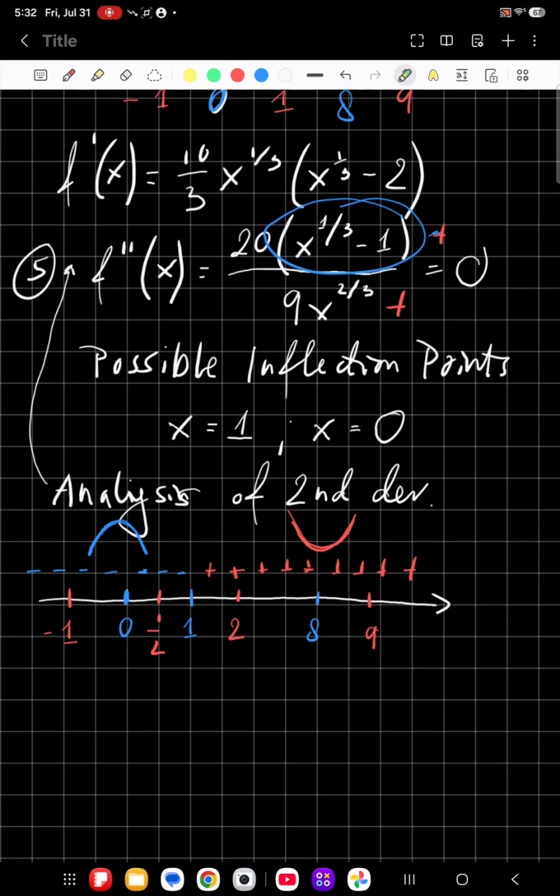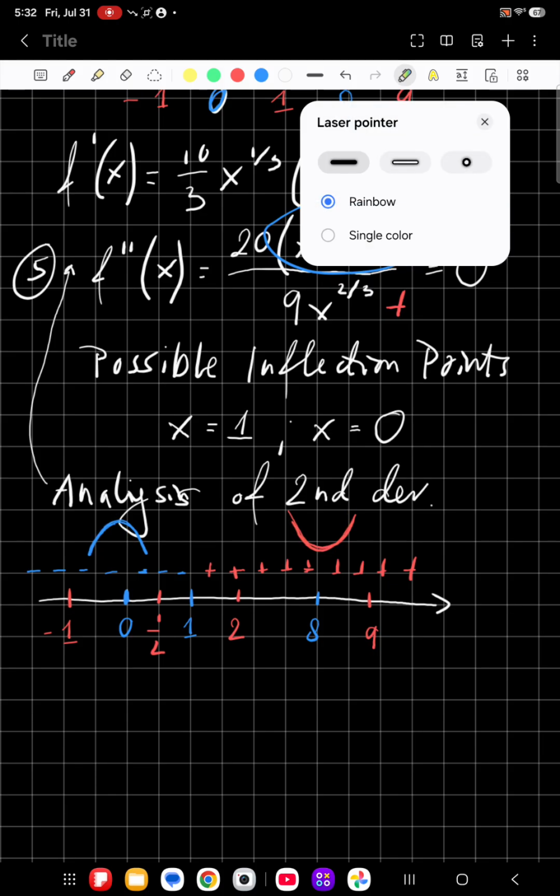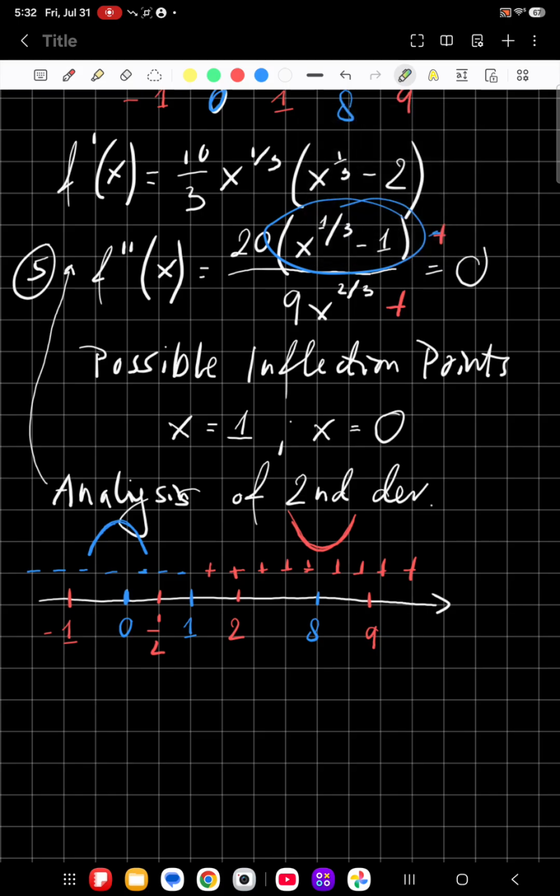Okay, so this is the inflection point, where my function will change concavity from concave down to concave up. Then we have two extrema. So 0 will give me the local maximum, and this will give me the local minimum.